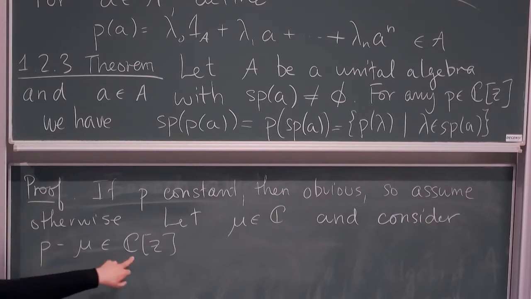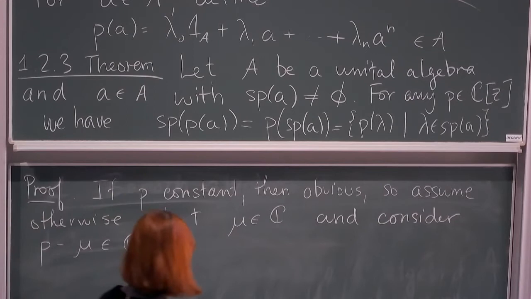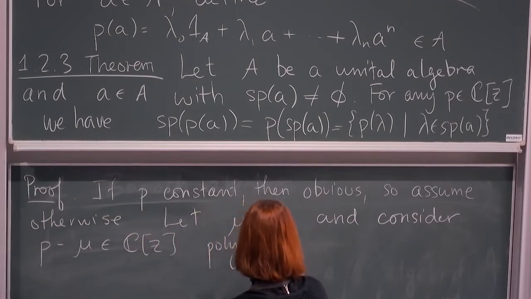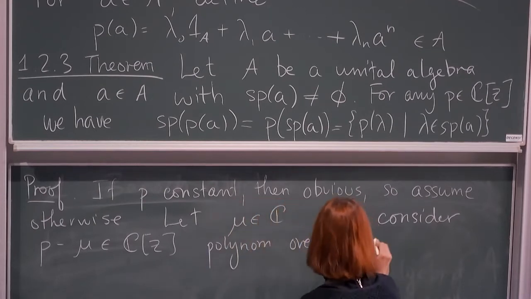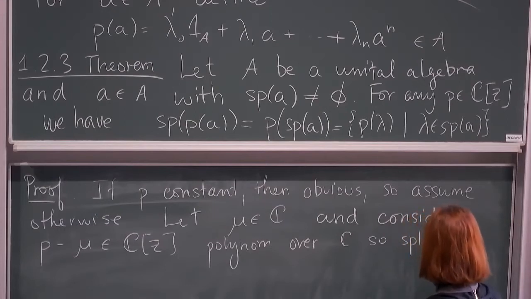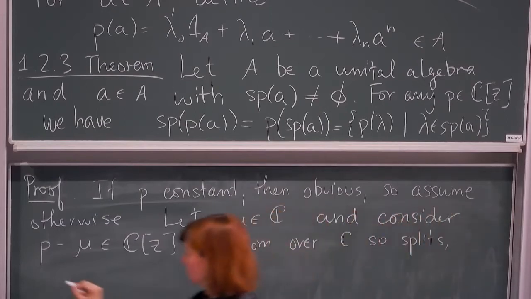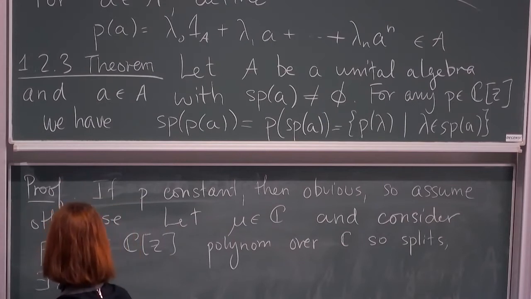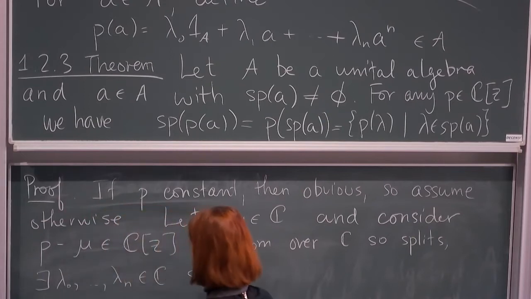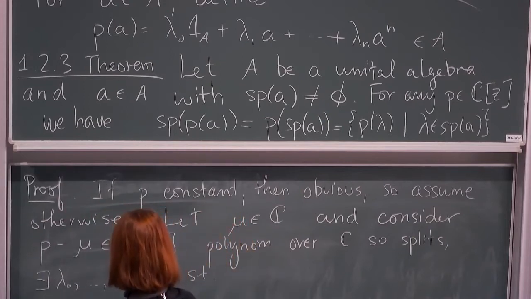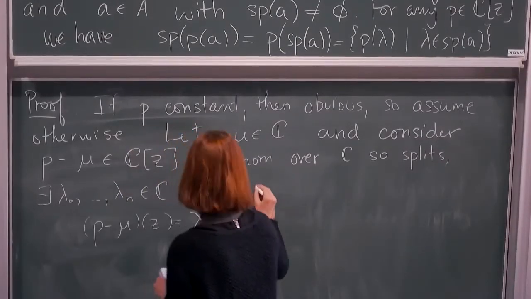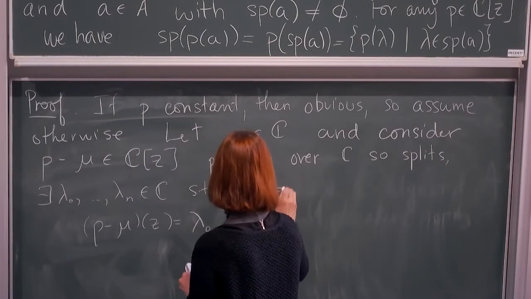This is a polynomial over C, so it splits. So there exist lambda i, and I should say lambda 0 should be non-zero.